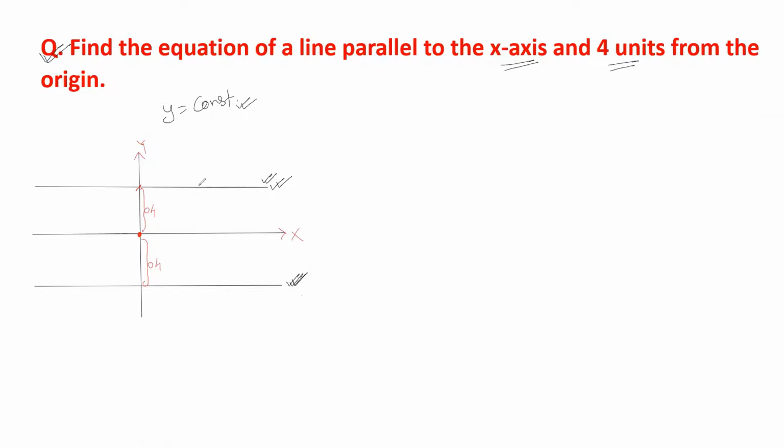Now all the y coordinates on this line would be plus 4 and all the y coordinates on this line would be minus 4. So the equation of this line would be y equal to plus 4 and the equation of this line would be y equal to minus 4. So the equation of a line which would be parallel to x-axis and 4 units from the origin would be simply y equal to plus minus 4.